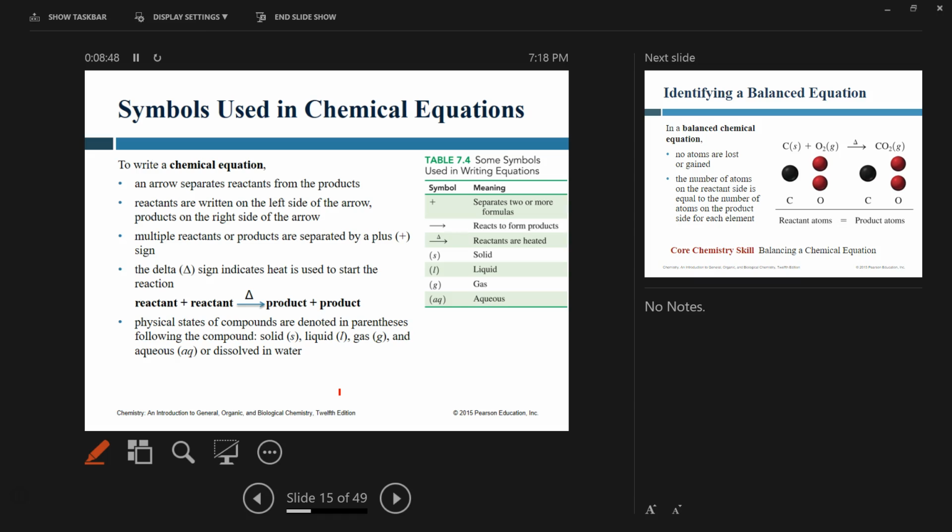So, we kind of know that, so I'm not going to spend too much time. When you write a reaction, things to remember. Reactants are always on the left, and always from the left to right. Products are always on the right. The arrow represents the direction. Okay? Reactants and products are separated by pluses.